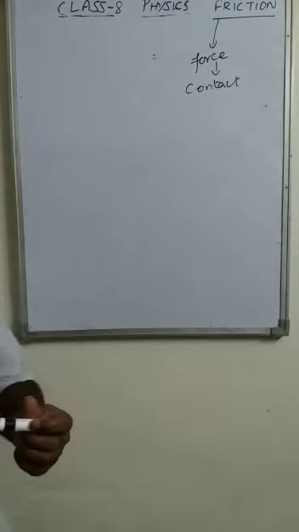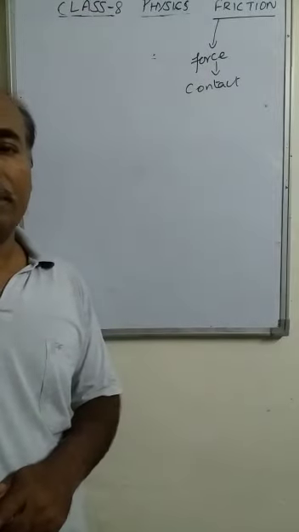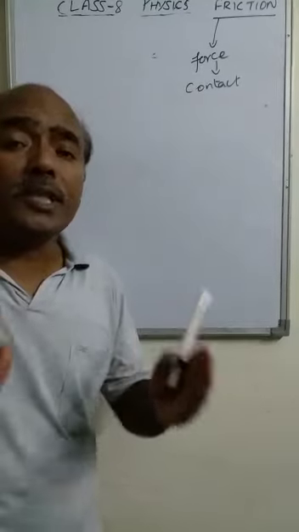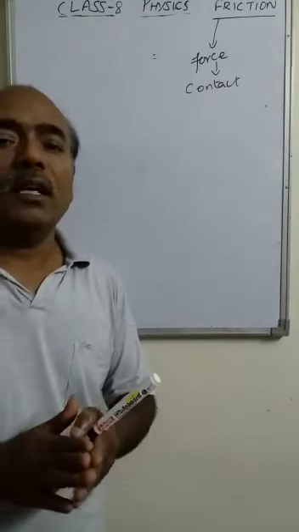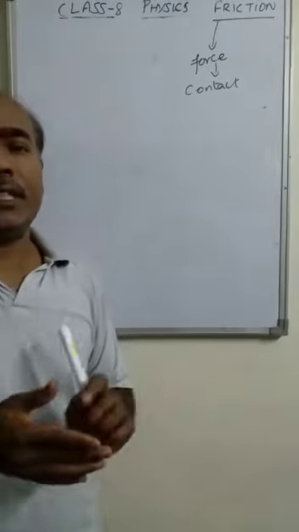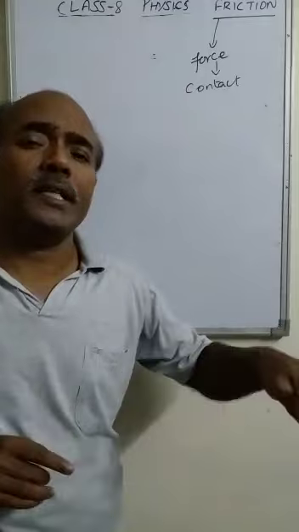Because friction plays its role whenever two things, two surfaces, two objects come in contact with each other. Without contact, friction cannot play its role.